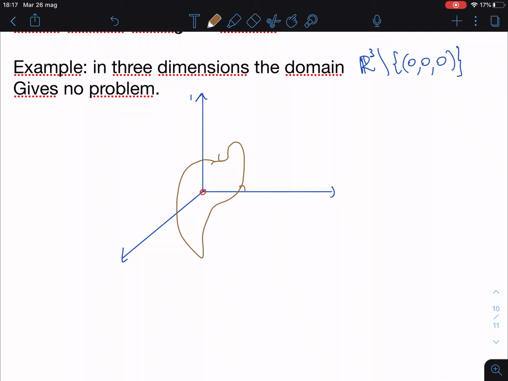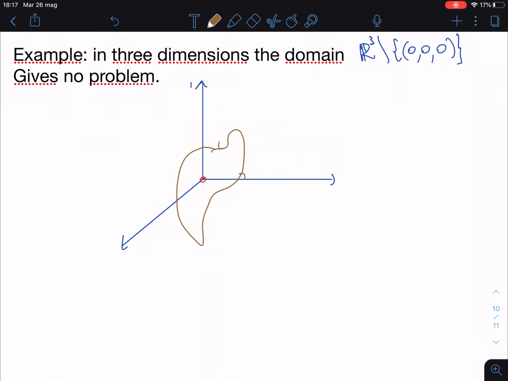So in order to prevent some circuits from being shrunk up to a point without exiting the domain, you must have a domain not without a single point, but without a whole line or whole curve.